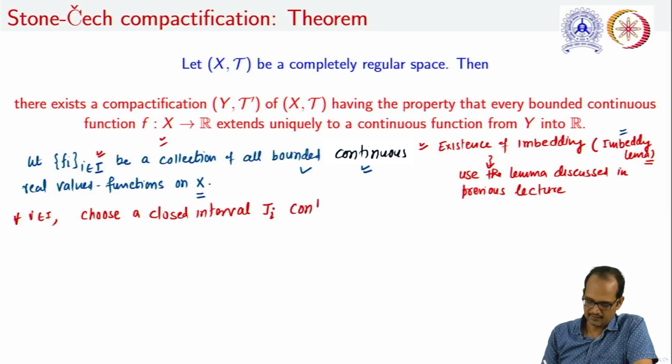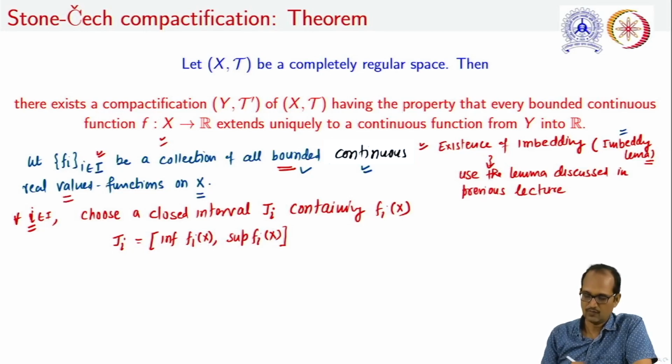This is containing the image of x under this function fi, because we are talking about all i in I. And how to define this closed interval? This is nothing but the infimum of fi(x) and the supremum of fi(x), and we can talk about it because we are talking about these bounded continuous real valued functions.